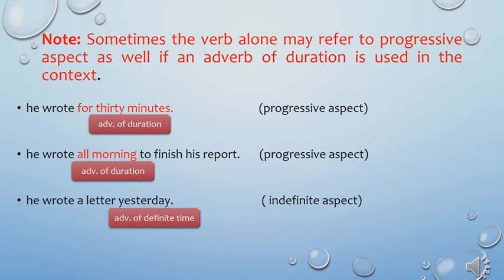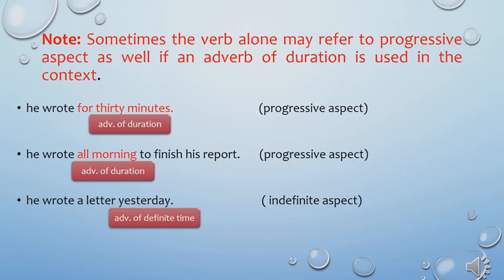But if the adverb used in the sentence is an adverb of duration, which indicates that there is a continuity of action in a specific time, the aspect is not going to be a simple or indefinite aspect. It's going to be a progressive aspect.